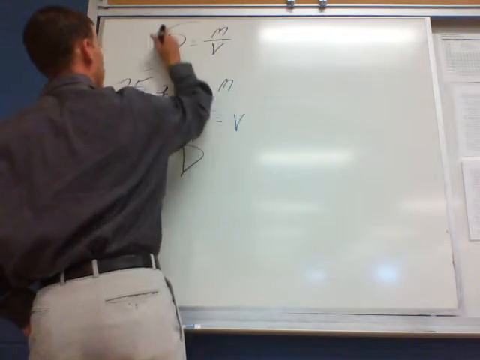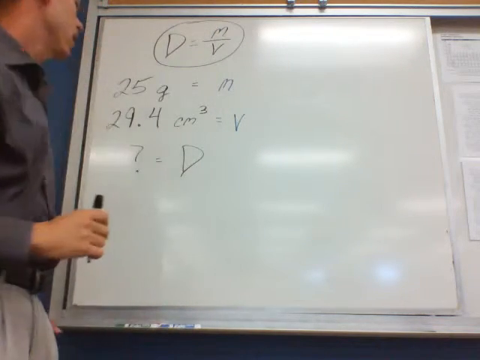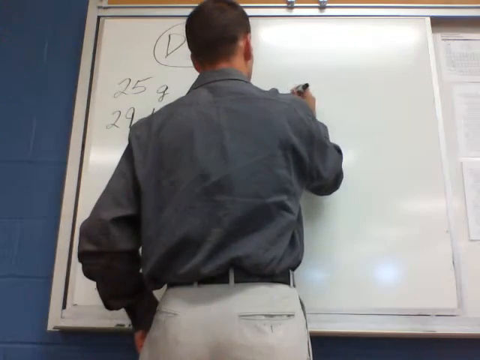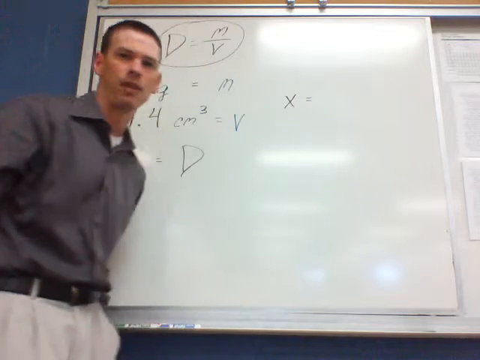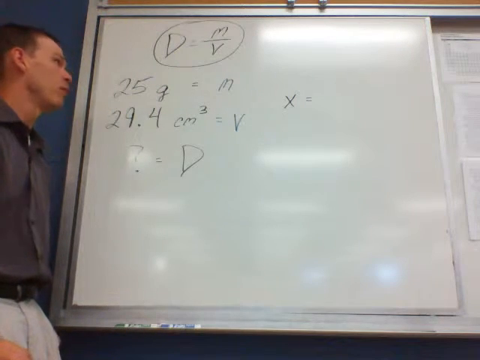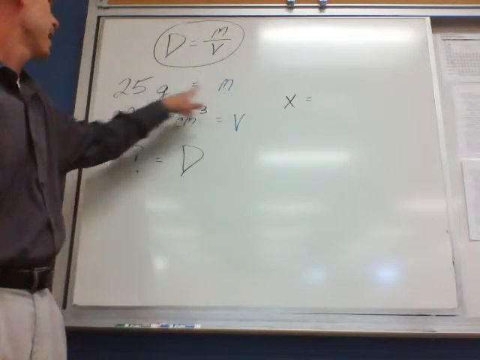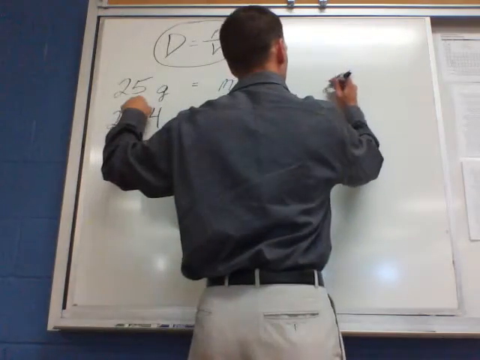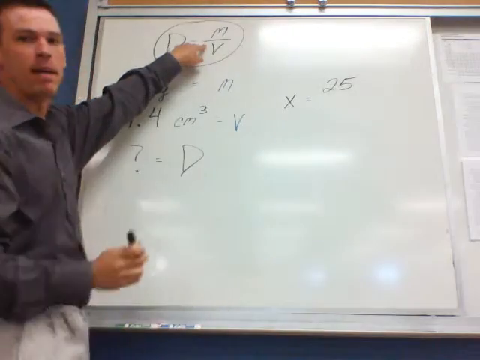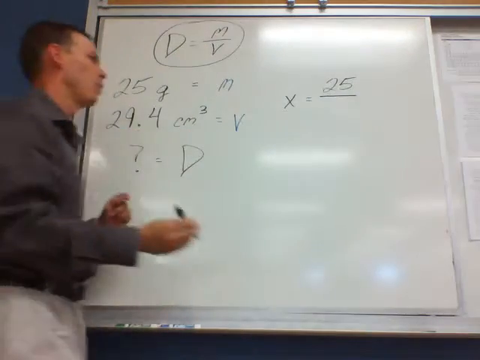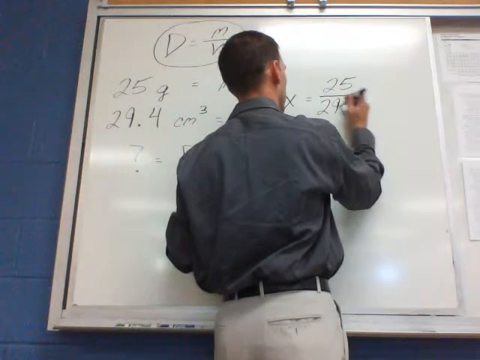So here's the equation that we're using. All right. So we're looking for density. You can keep it as a D. Some people like it to become an X to really make it feel like the way you would solve in math class. Mass over volume. Our mass was 25 divided by our volume, 29.4.